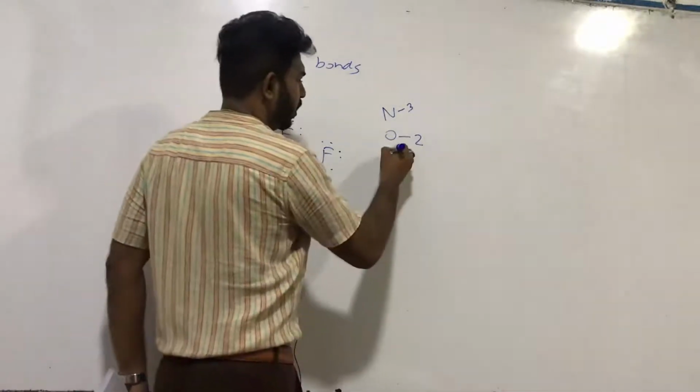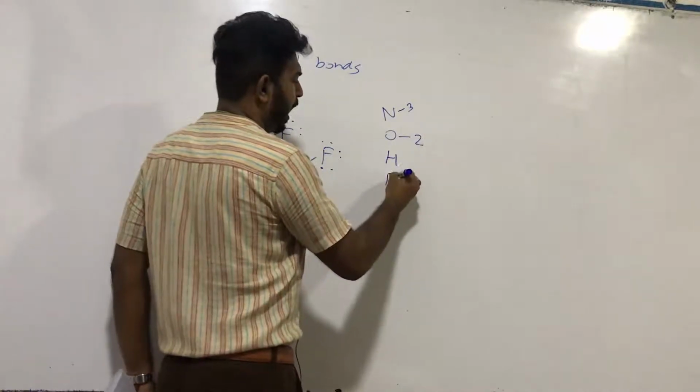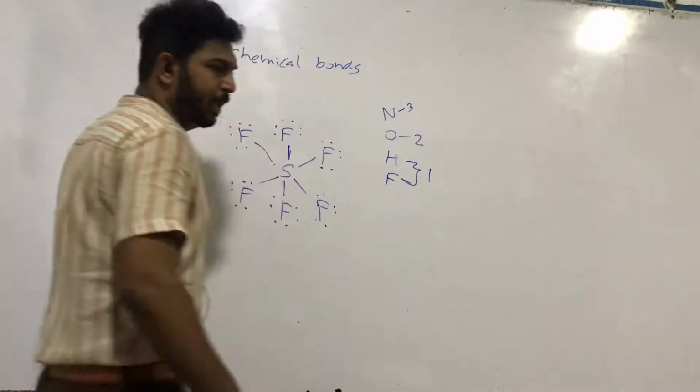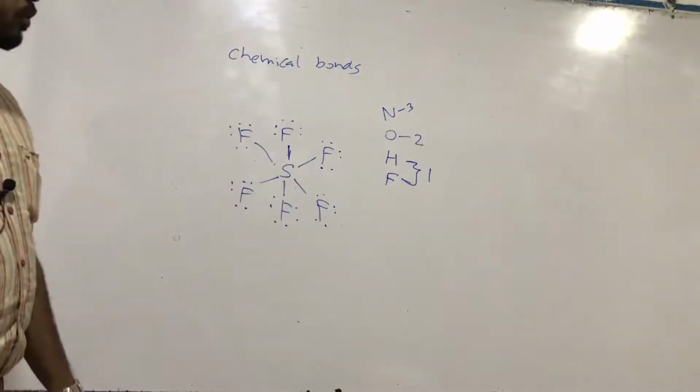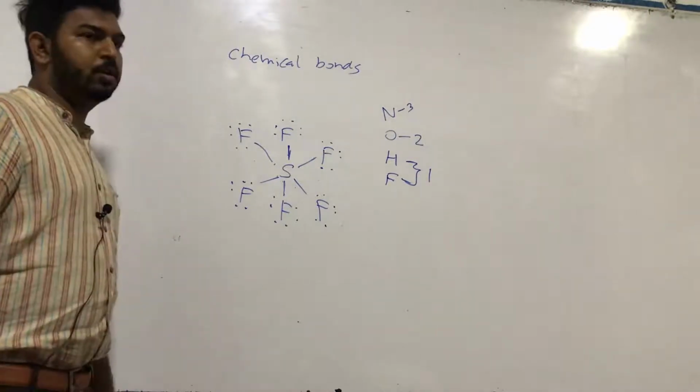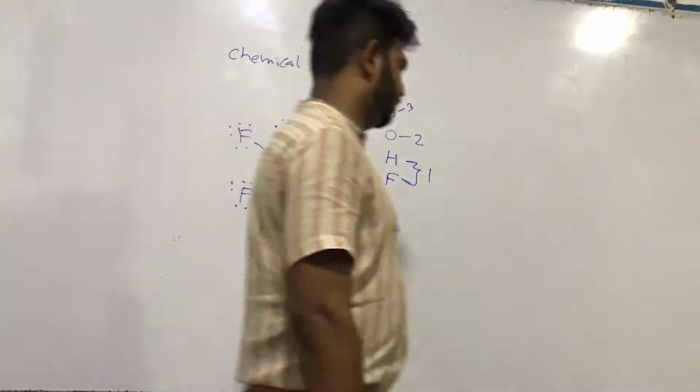Then for hydrogen and fluorine, you should draw 1 bond.